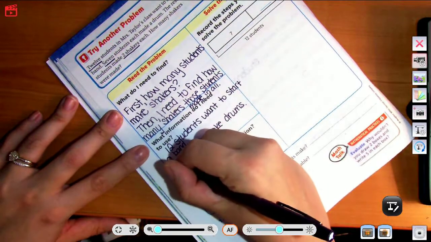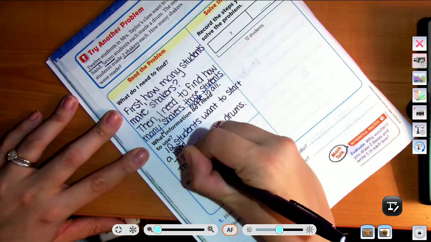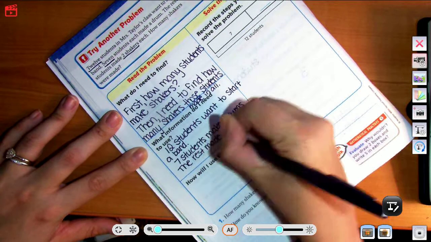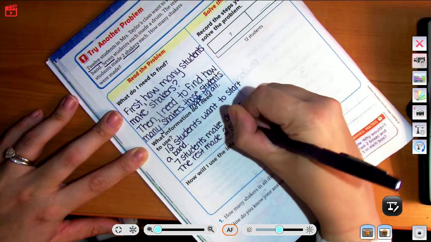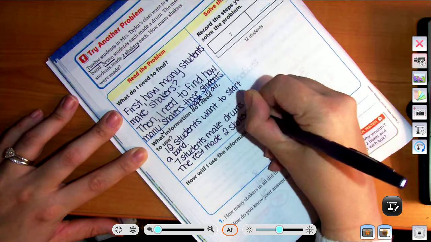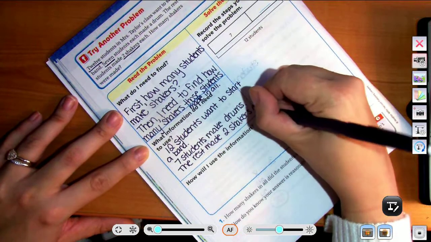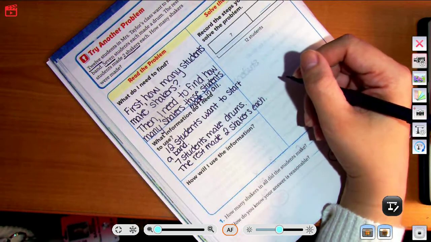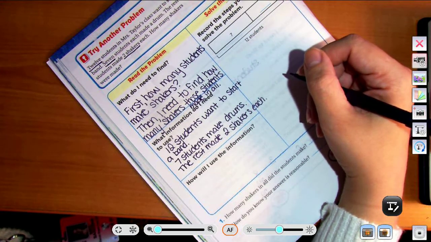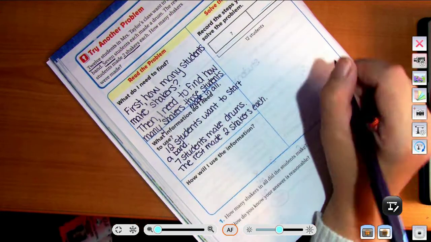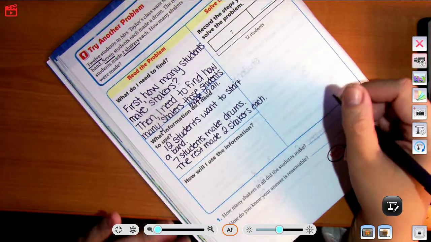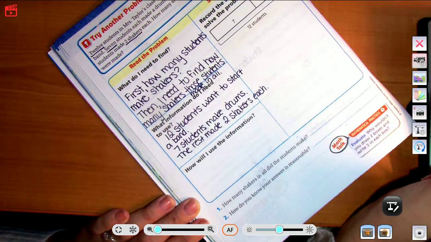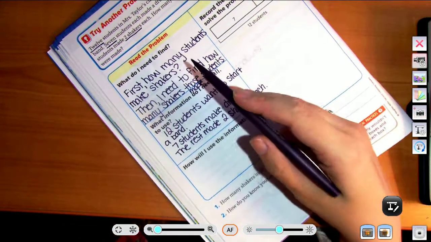The rest made 2 shakers each. Okay, so basically just going to repeat what we found up here.